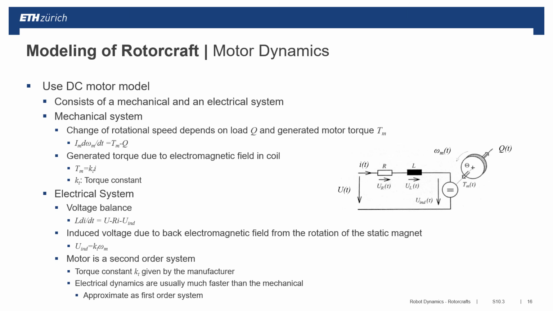The induced voltage due to back EMF of the rotating magnet is typically also a constant multiplied by the rotational speed of the rotor. With this system you can actually model a rotor, but in most cases the electrical part of the motor is much faster and you only have to consider the mechanical dynamics of the motor in your system. With this, lecture 10 ends.